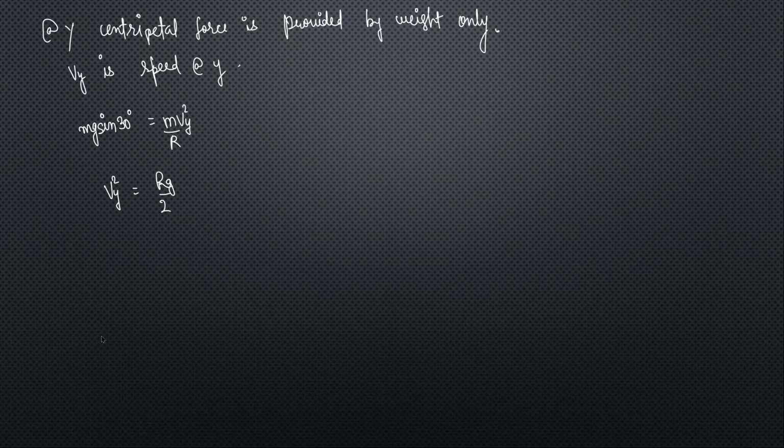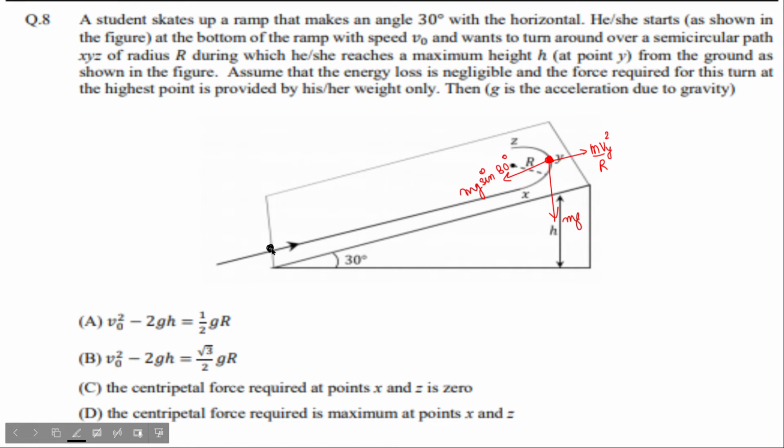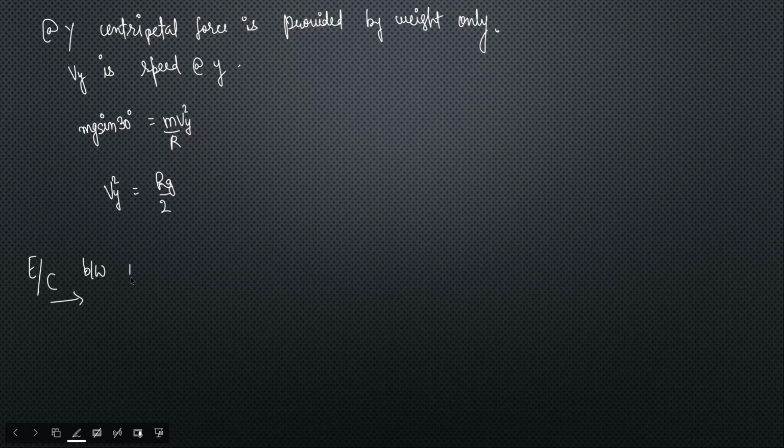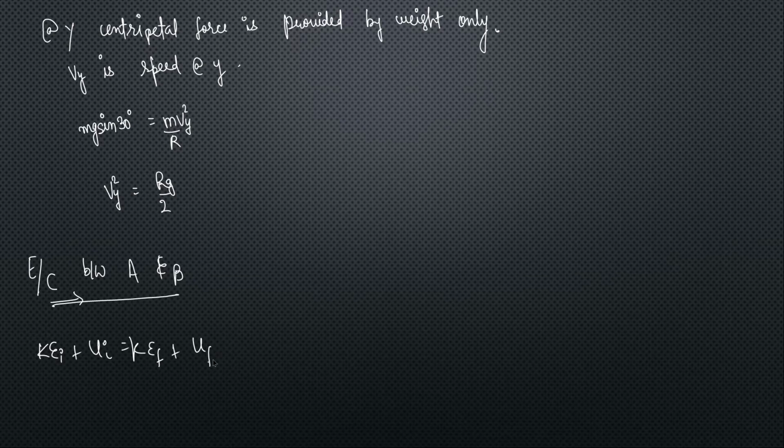Now we'll use energy conservation between these two points: this point at the bottom, let us say point A, and this highest point Y, point B. You understand what points A and B are? So KE initial plus U initial equals KE final plus U final.